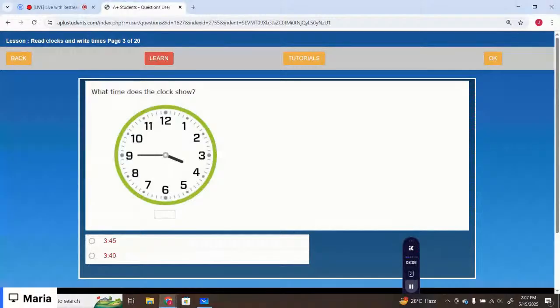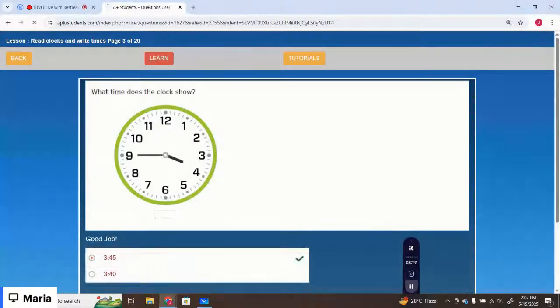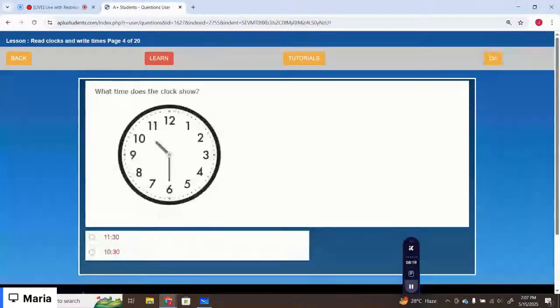That is 3:45. Option number one is the correct option. That time is 3:45. What time does the clock show? Is the correct option.